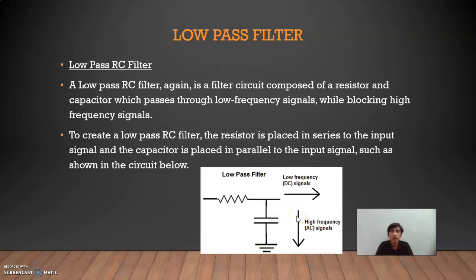Okay, remember that current always takes the path of least resistance, while low frequency signals will take the alternative path. This alternative path has a lower resistance. Okay, next.